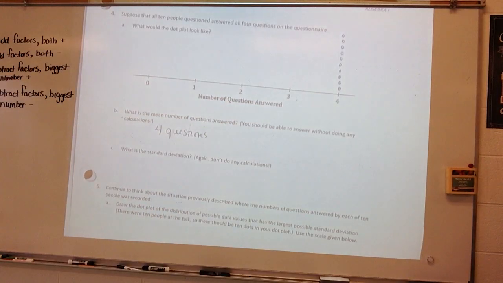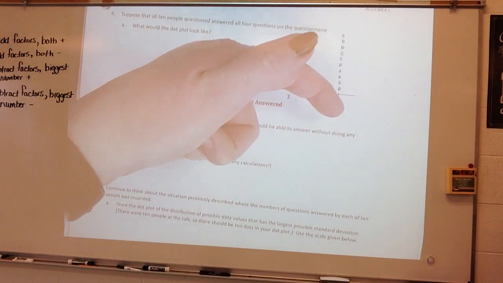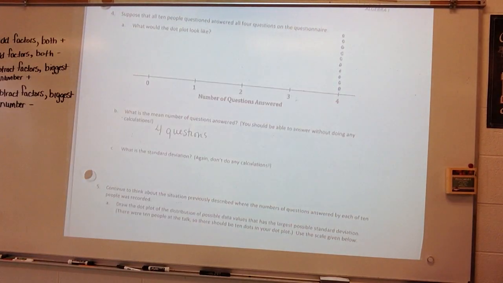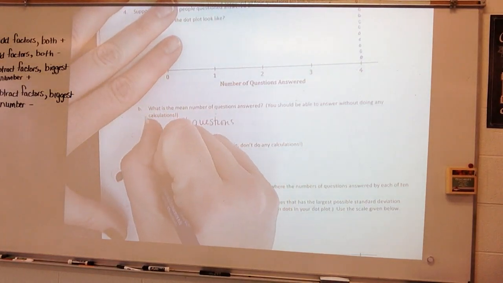So what would the standard deviation be? Again, you don't have to do any calculations. Well, if they're all at 4 and the mean is 4, every time I subtract, I'm going to get 0. I square that, I get 0. I'm going to divide 0 by something. My standard deviation is going to be 0.